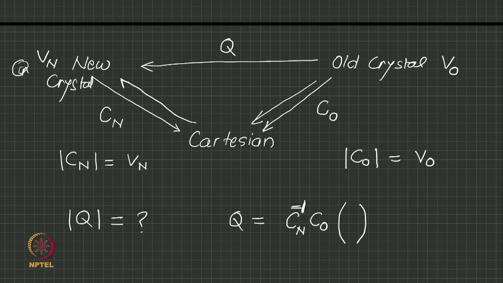If C new was bringing me from crystal to Cartesian, C new inverse will take me from Cartesian to crystal. So if you are convinced, Q should be C new inverse times C old.